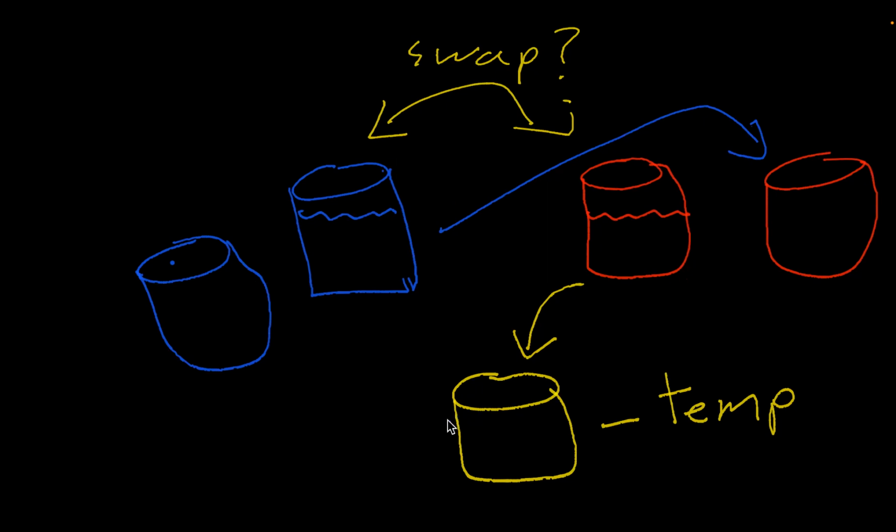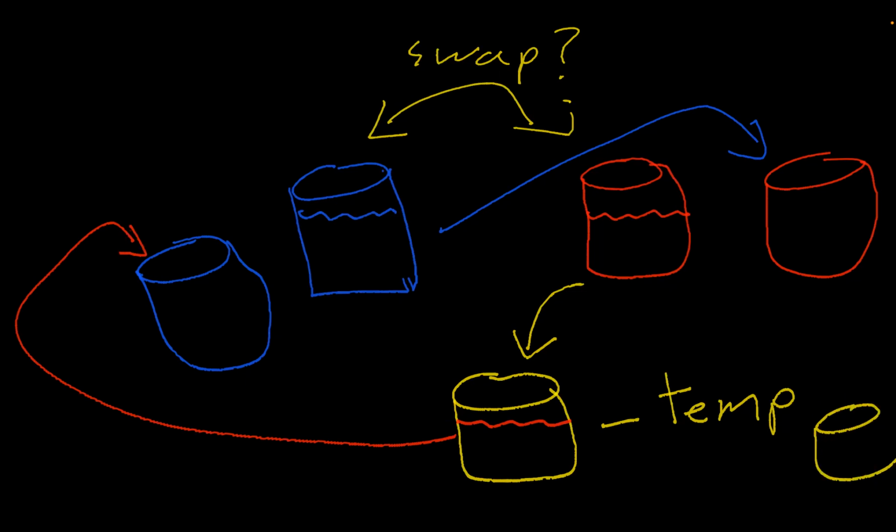Then the temp cup, which has the Kool-Aid, can be poured into the water cup. Then the yellow cup, the temp cup, will be empty again. And we will have switched the liquids.